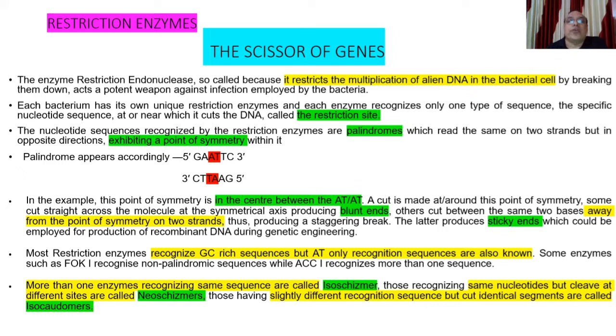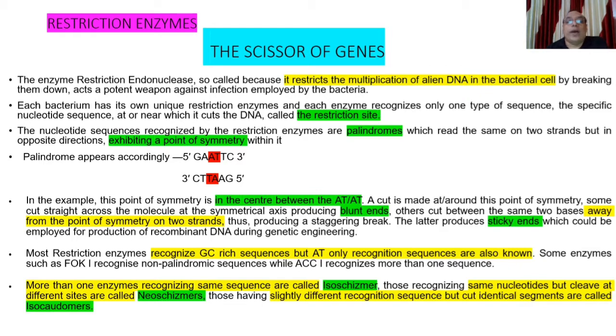So the restriction endonuclease, being an endonuclease, will cleave the DNA or RNA, whatever the case may be, inside, away from the terminal, in the interior of the nucleic acid.